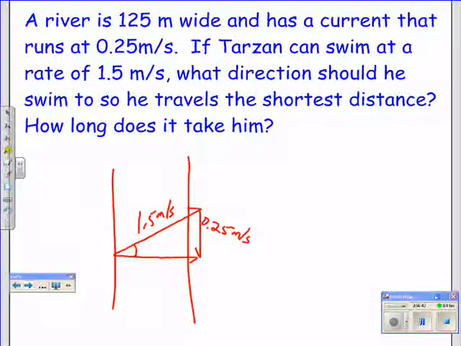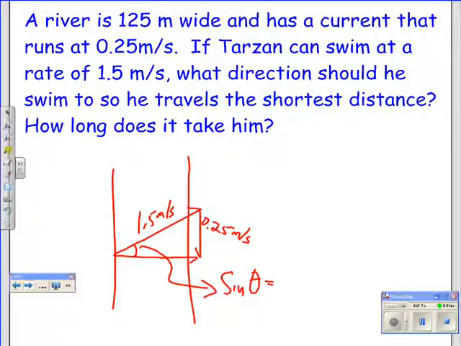Now, does Tarzan end up swimming faster or slower than 1.5? A little bit slower. Why? Because he's swimming upstream a little bit. He's fighting the current. If he were to go downstream, he'd go faster. How could I solve for this angle right in there? Sine.